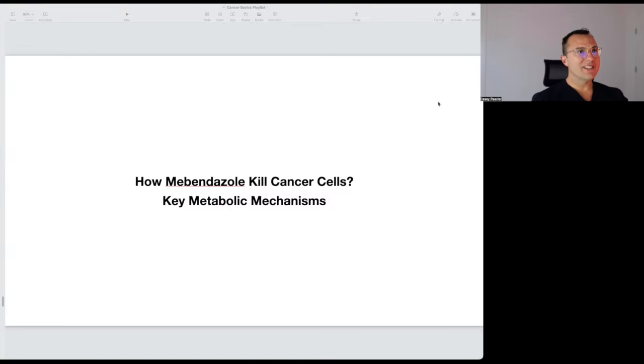Although it's important to look at a particular drug and/or nutraceutical flavonoid compound as a general overview, for me, it's much more interesting to look at a compound or a drug from how it affects metabolic networks.